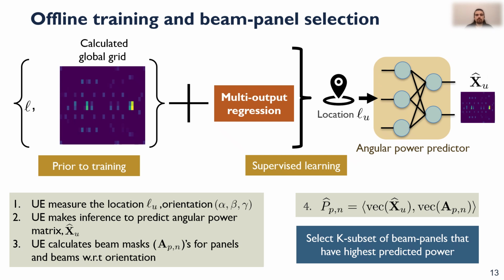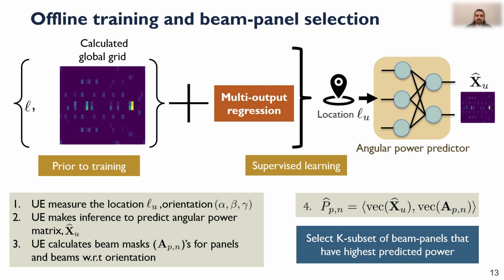So the overall offline training and beam selection procedure is as follows. For a given location, there are receive power measurements that are tied to beams, antenna sizes, antenna elements, and orientations. Using the optimization method, the global grids are obtained, and they form a labeled dataset where L is the input and the global angular power grid is the feature vector.